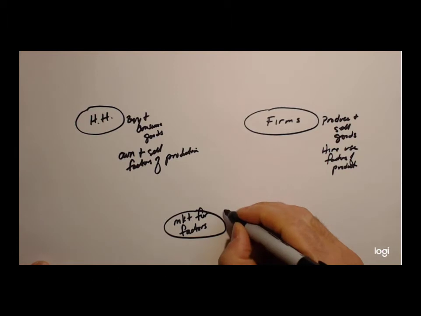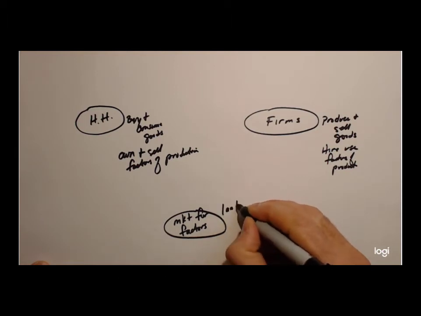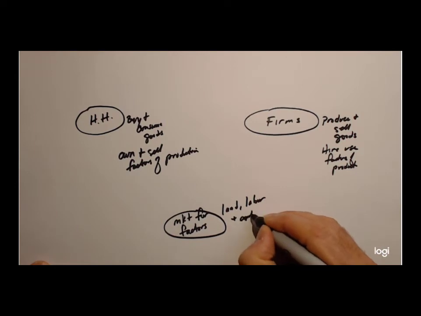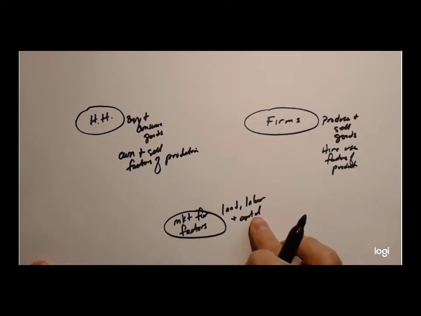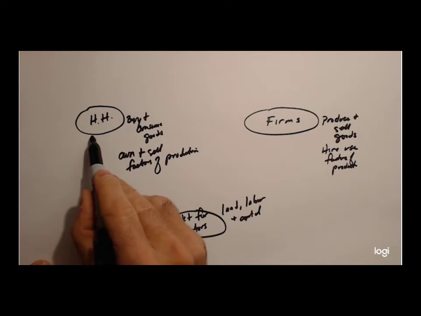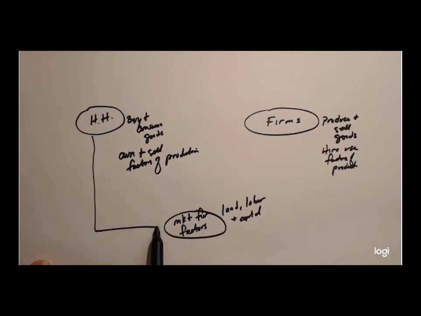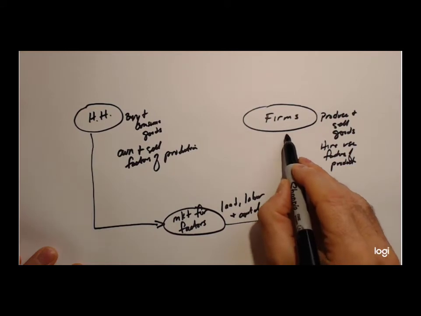Examples of factors are land, labor, and capital. Capital meaning equipment. And so households own, or we assume they own, land, labor, and capital, and they supply that to this market, which ultimately these factors go into firms.